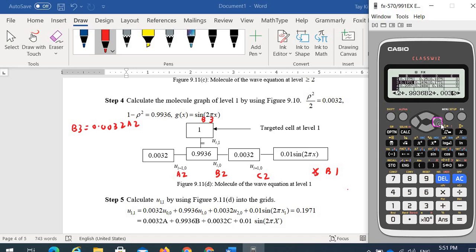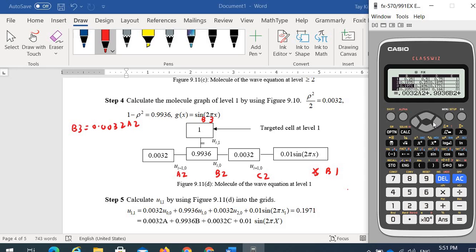I key in here 0.003282 plus 0.9936 B2 plus 0.0032 C2 plus 0.01 sin 2pi times x. Okay, x is stored in column B, B1, because x is actually the first row. Second row is the initial condition.